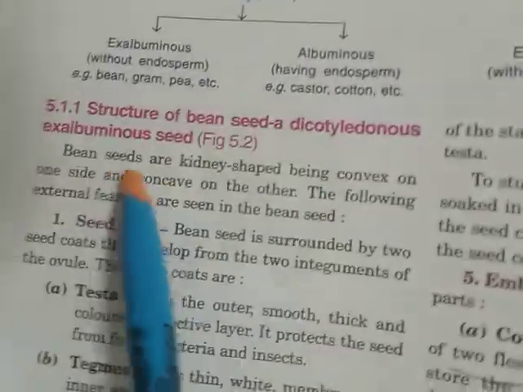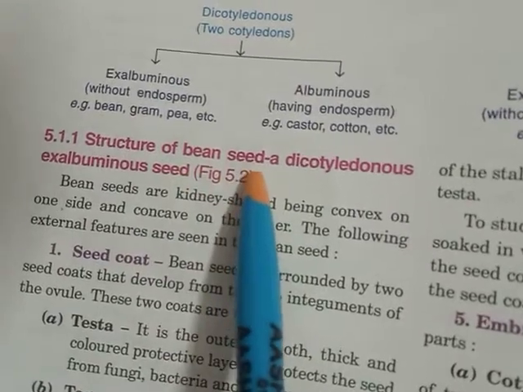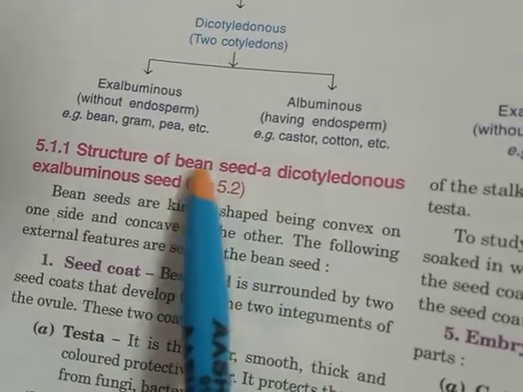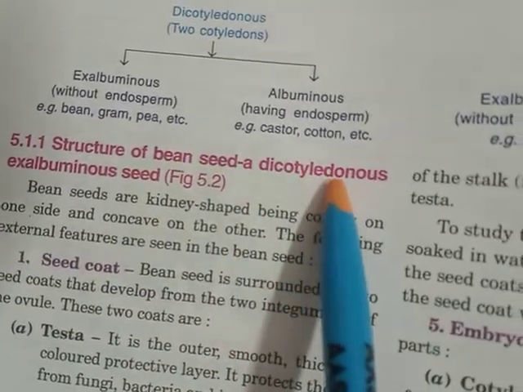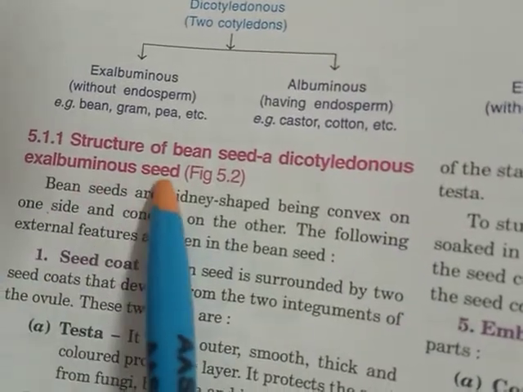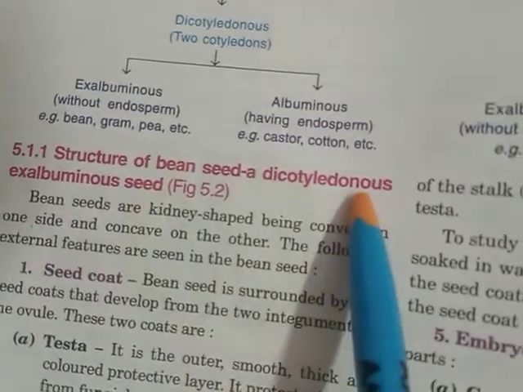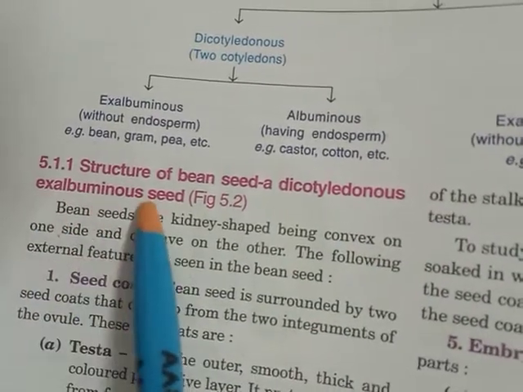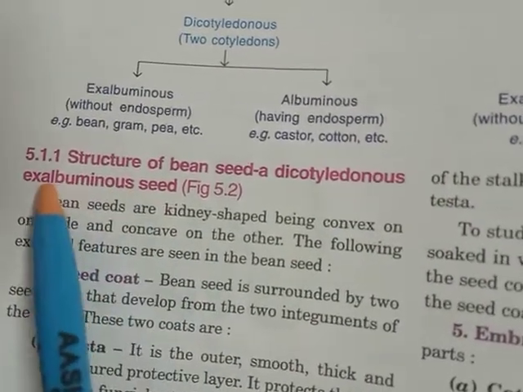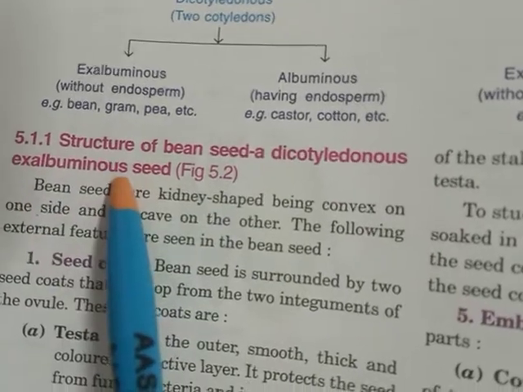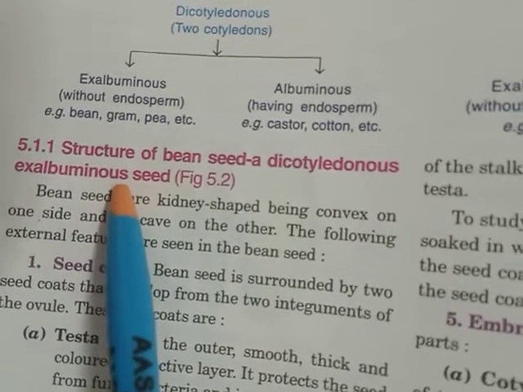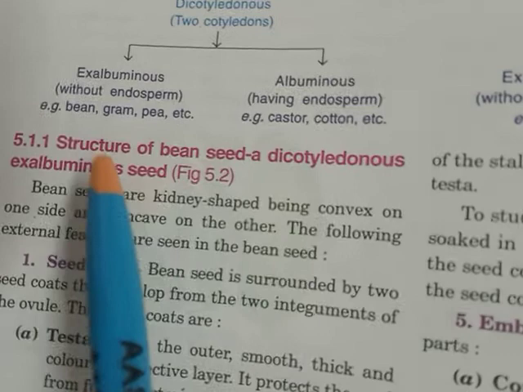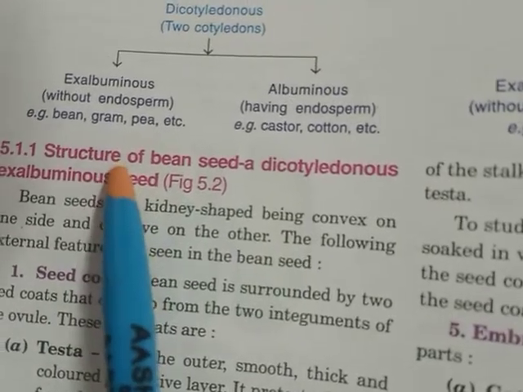Today, we will study about the structure of bean seed, which is a dicotyledonous ex-albuminous seed. Dicotyledonous means it has two cotyledons, and ex-albuminous means that in this seed the food is stored in the cotyledons, not in the endosperm.